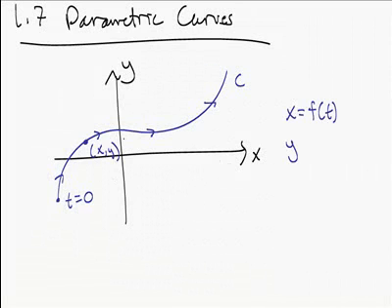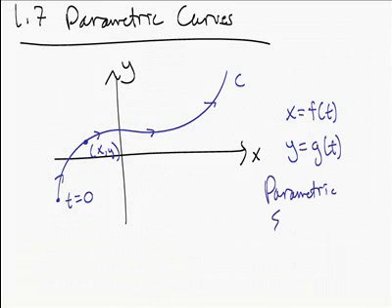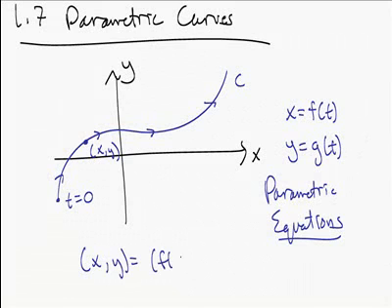And then our y coordinate can also be written as some function of t, which we'll call g in this case to stay consistent with the book. What we have is a set then of parametric equations. And this set of parametric equations then tells us where our particle is along this curve at any time t. And you can think of it then as an ordered pair x, y, or f of t, comma g of t.